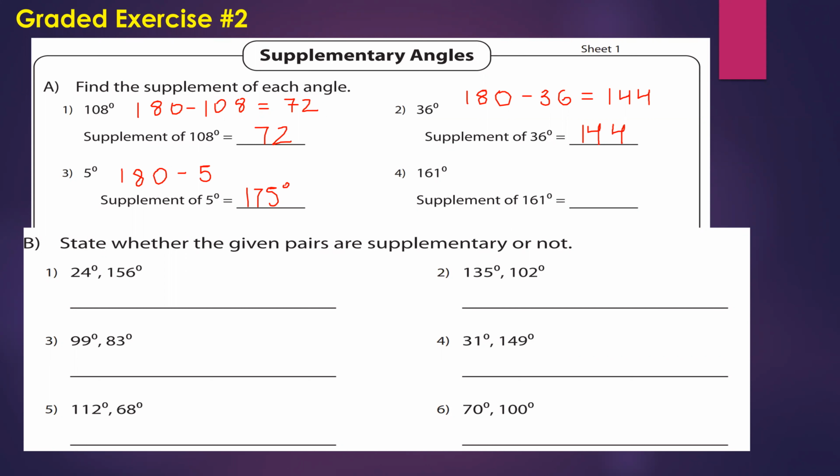Next, we go to question number 4. Do I have any volunteers for question number 4? 180 take away 161 equals 19. You get 19? Who else got 19?